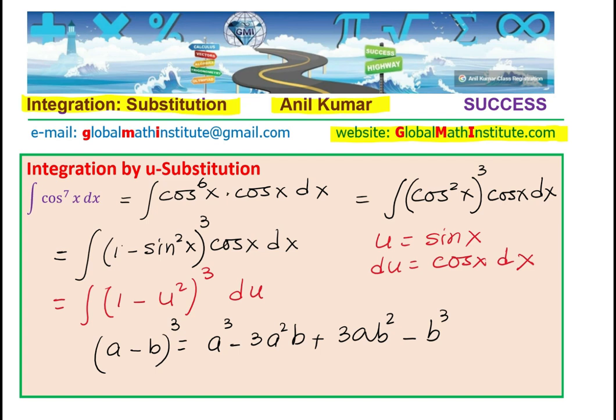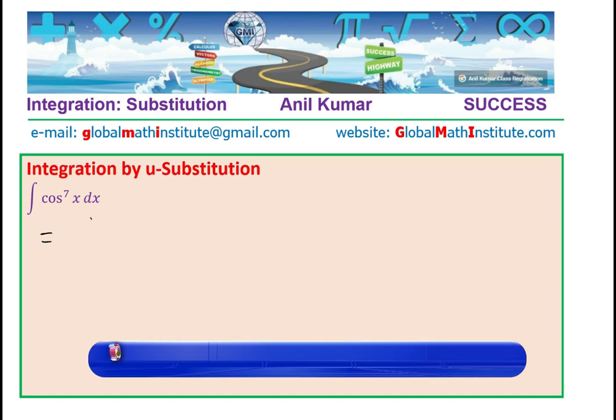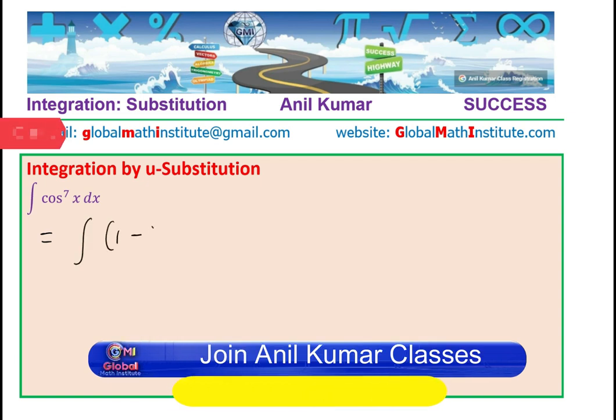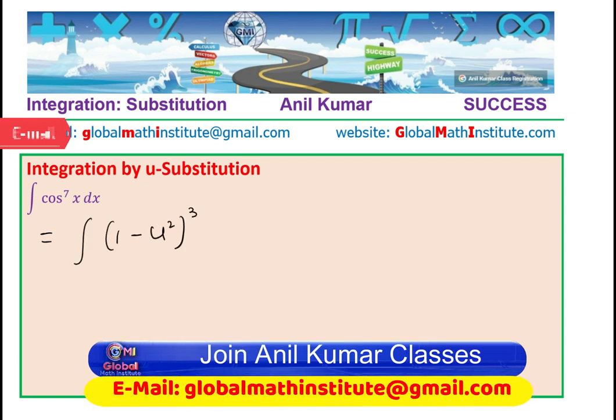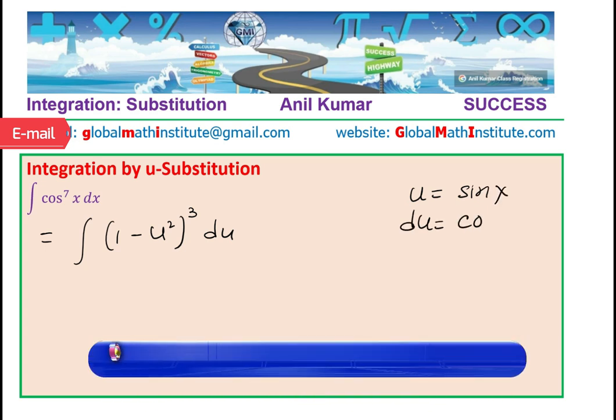So let's take it on the next page now, where we reduced it to integral of 1 minus u square whole cube du, right? Clearly, u was written as sine x, du was cos x dx.